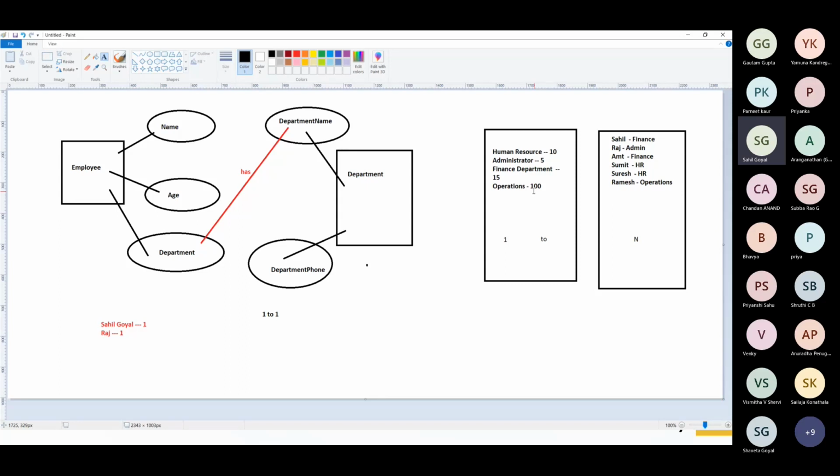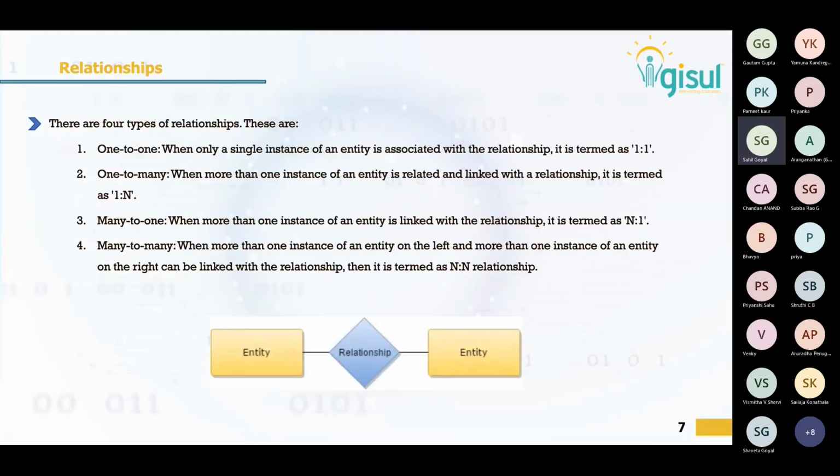So the relationship type we have now is 1 to n. Okay. This is very, very important when you describe a relationship or an ER model. If your cardinality has been created correctly, your relationship is going to be provided correctly.